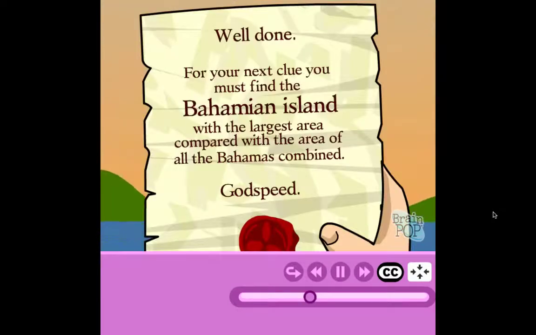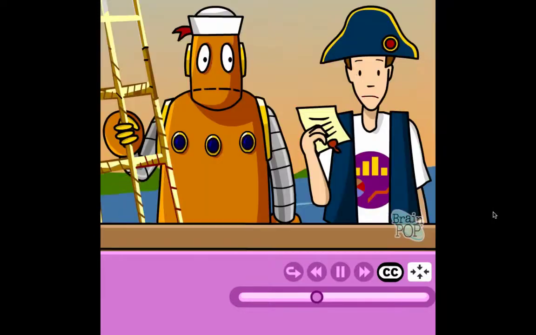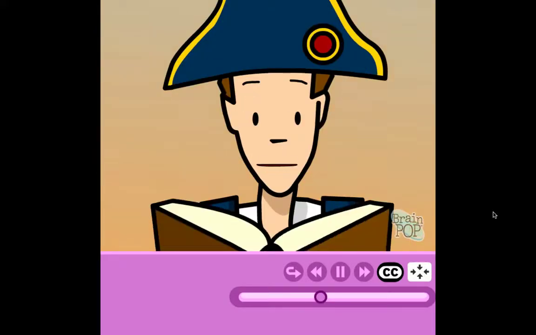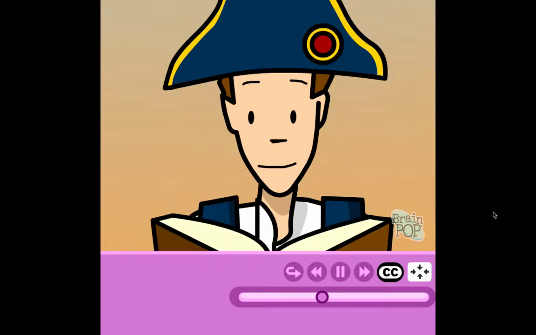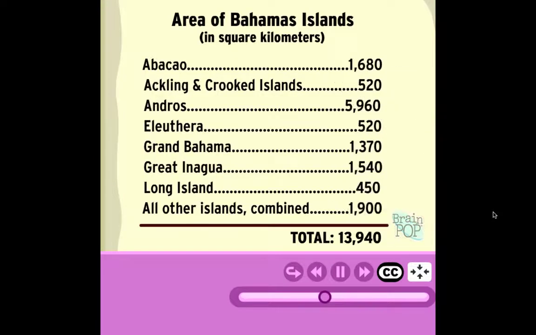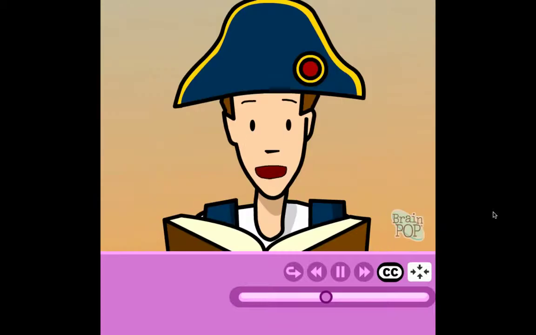Well done. For your next clue, you must find the Bahamian island with the largest area compared with the area of all the Bahamas combined. Godspeed. Okay, who's sending us these things, and how can they see us? Well, let's go back to my fact book. I have a listing here of the biggest islands of the Bahamas, sorted by area. I think we should use another graph to help us see it more clearly.